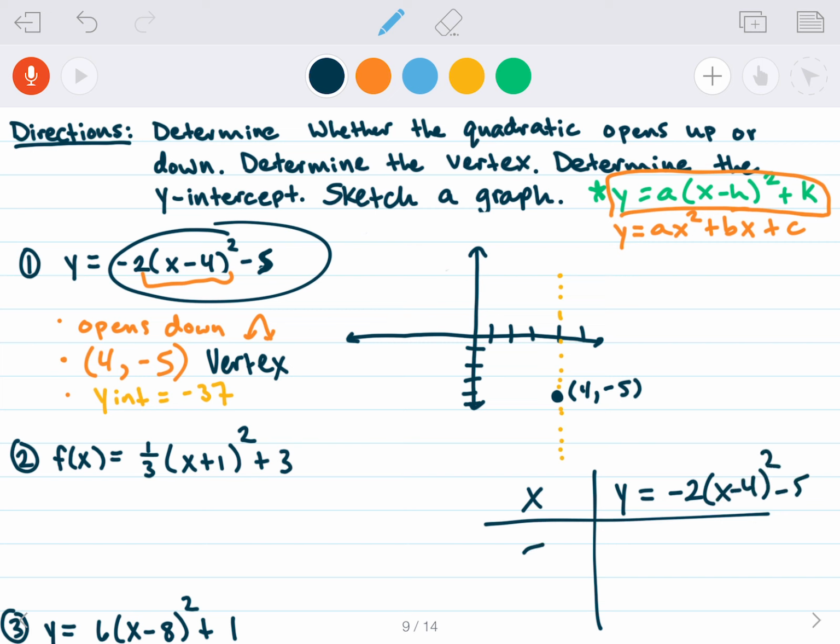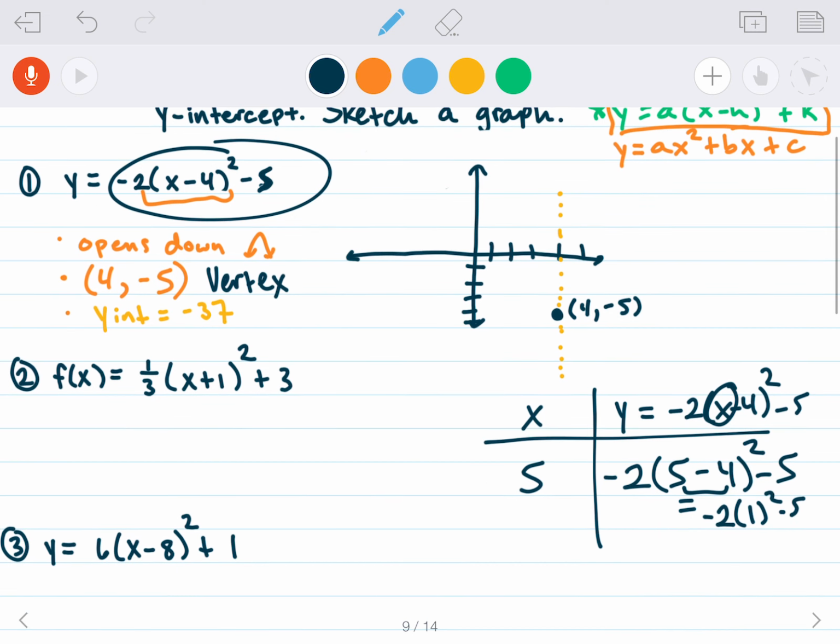If I choose x equals 5 and plug it into this function, I get negative 2 times 5 minus 4 squared minus 5. 5 minus 4 is 1, so I get negative 2 times 1 squared minus 5. And 1 squared is 1. Negative 2 times 1 is negative 2. Negative 2 minus 5 is negative 7. So when x is 5, y is negative 7.